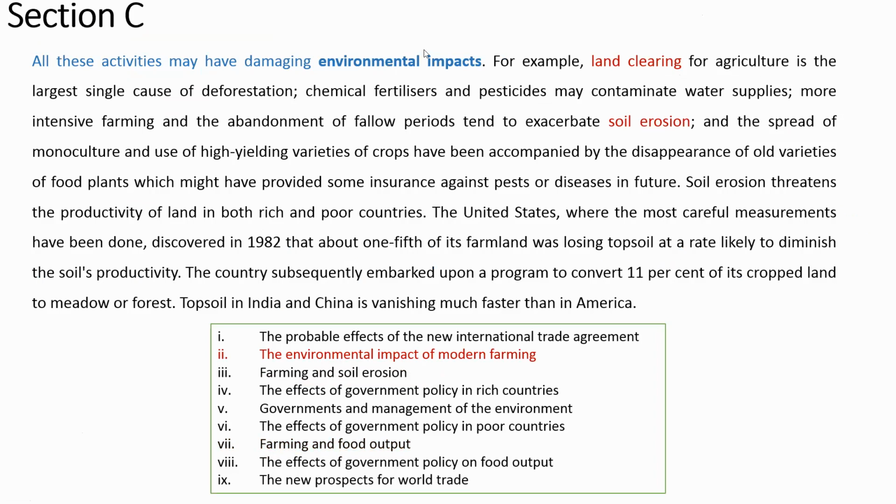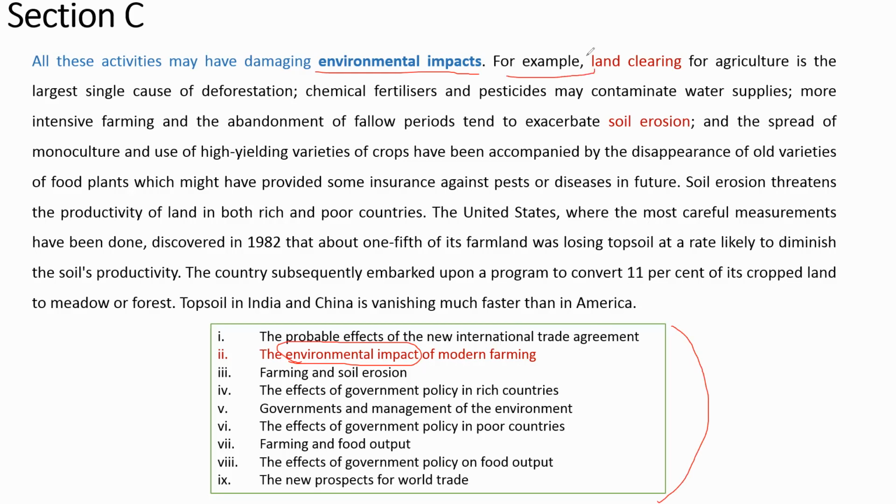So again, by simply looking at the first sentence, all these activities may have damaging environmental impacts. So what we have here is environmental impact, and from the list of headings below, you will see the key phrase, the environmental impact of modern farming.